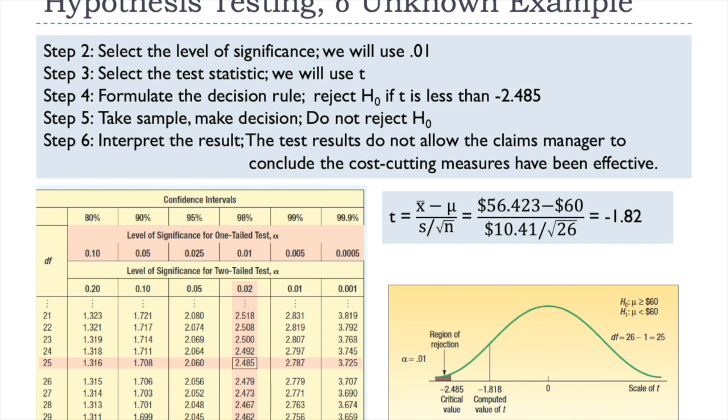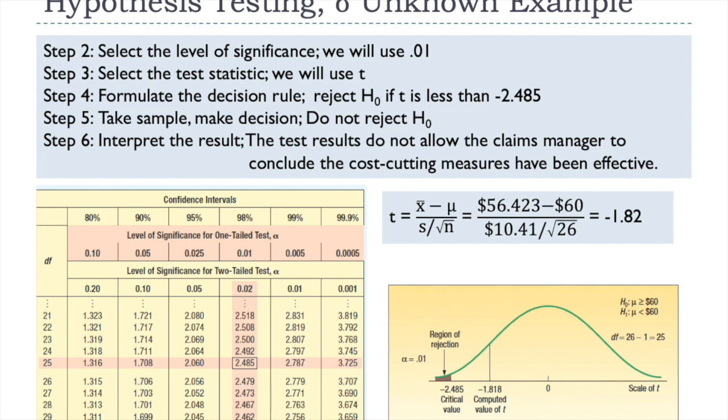Okay. And then we're going to formulate our decision rule. And so again, we're going to use Appendix B5. And this is a one-tailed test. So we're going to find the row at the top labeled level of significance for a one-tailed test alpha, and locate the column with 0.01. You can see it highlighted here. And then for our degrees of freedom, right, the n-1.